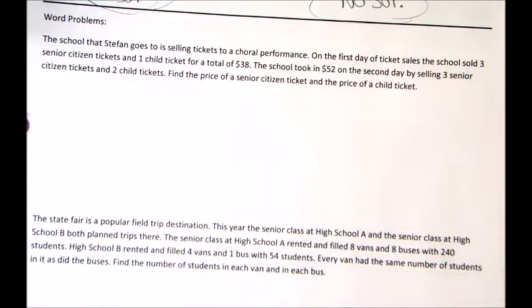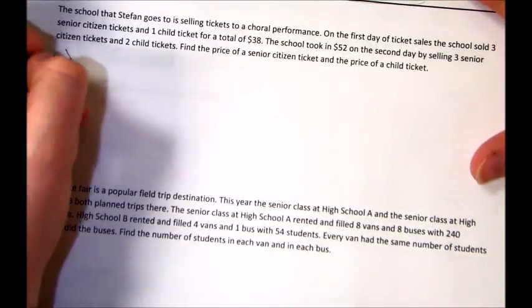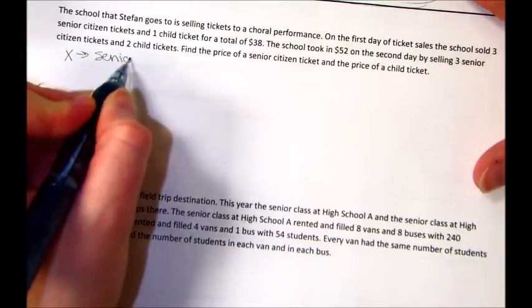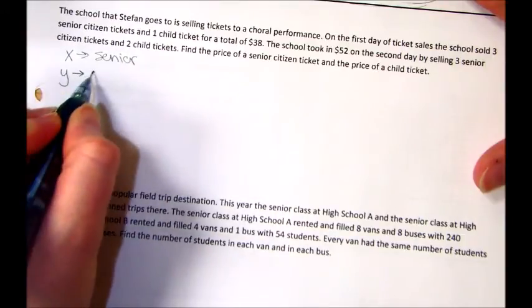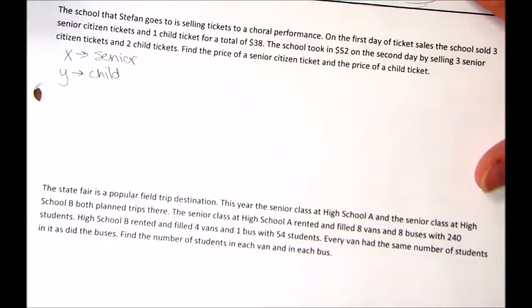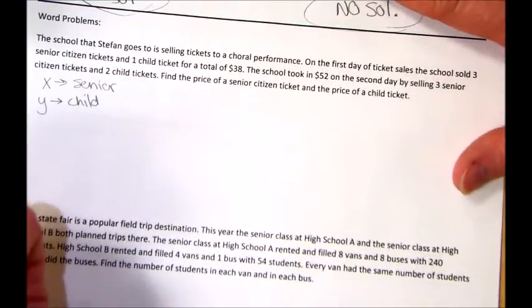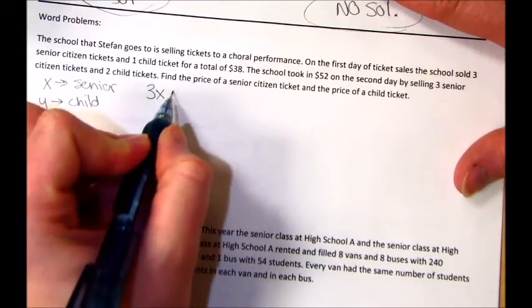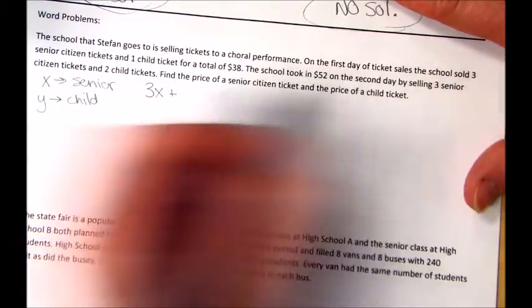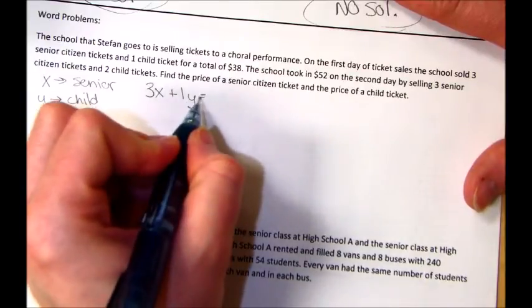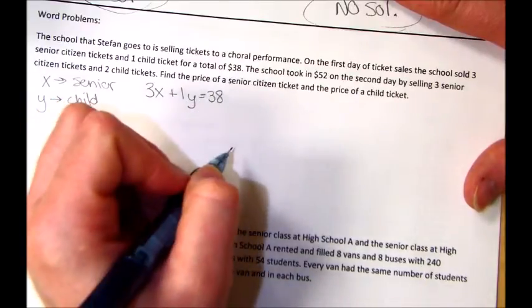So in my head, what I'm getting at is I see 2 things that are happening. I'm going to call X the senior tickets, I'm going to call Y the child tickets. So you always identify the two things in the problem. So the first day I see we have 3 senior tickets, 1 child ticket, and I made $38 total.